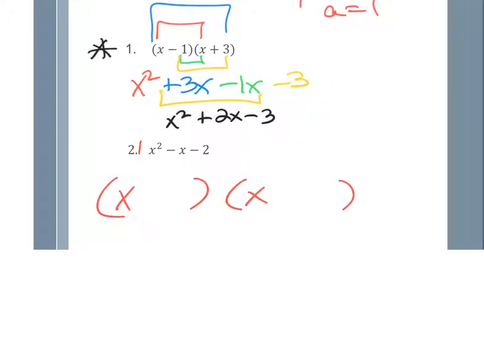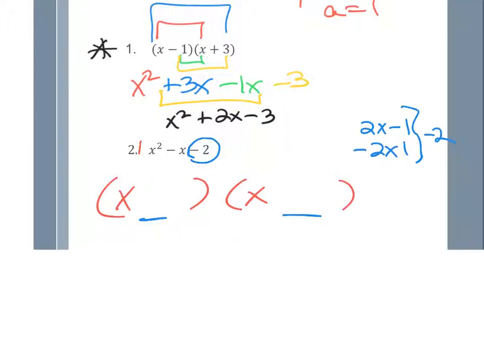And then the numbers that I'm going to place here are going to be the factors of negative 2. The two ways that I can multiply to get a negative 2 are 2 times negative 1 or negative 2 times positive 1. Both of these, when I multiply them, are going to give me a negative 2.